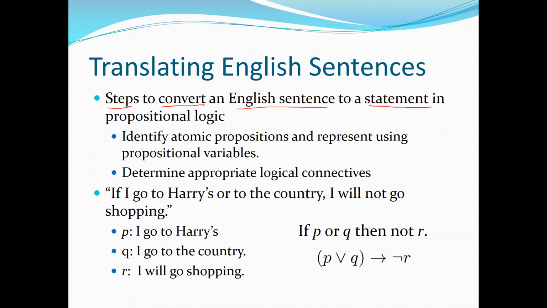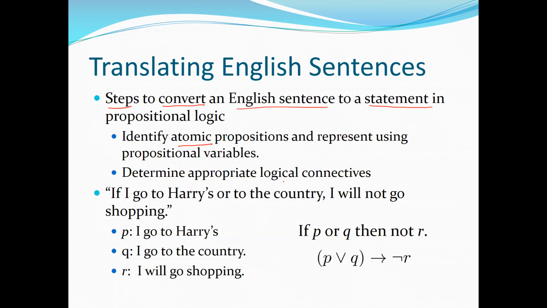So what are the steps to convert an English sentence to a statement? First of all, you need to identify atomic propositions. Identify the smallest propositions available in this sentence, and represent them using propositional variables. We'll see the example right now and we will understand.